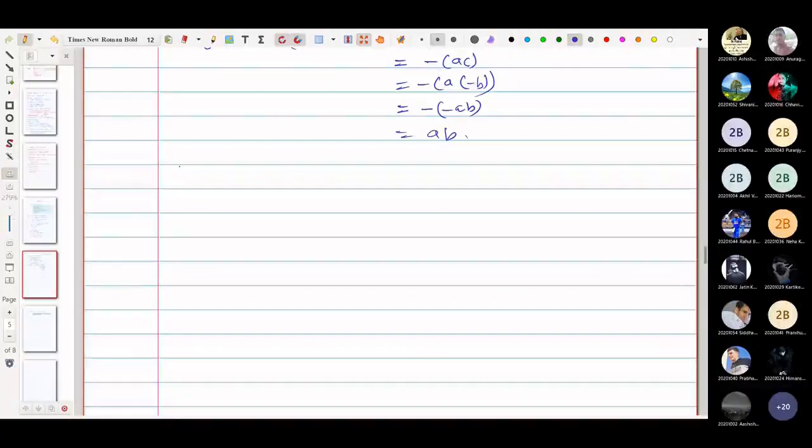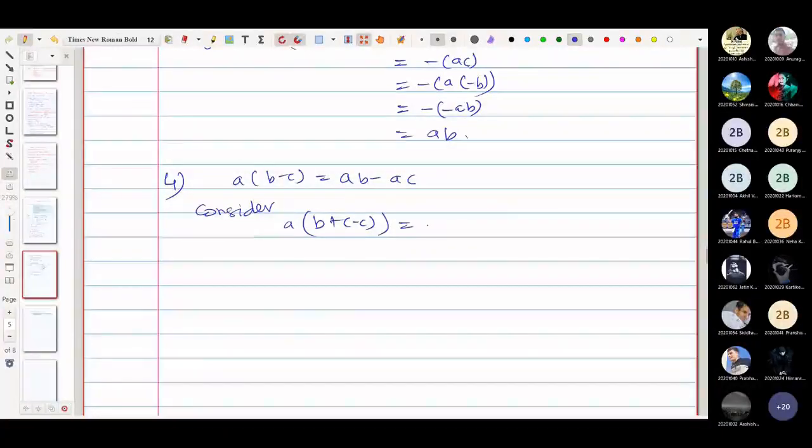Okay. So let us see the fourth part. A(B minus C) is going to be equal to AB minus AC. This we need to prove. So let us consider B plus minus C, and then let us multiply from left.